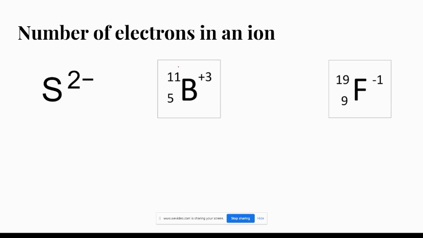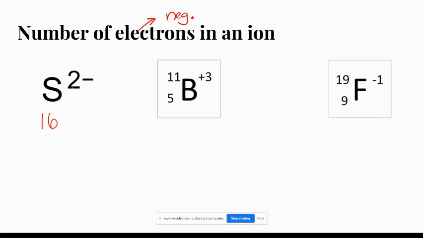All right, let's figure out the number of electrons in this ion. If this has a -2 charge, how many electrons would sulfur normally have if it wasn't an ion? Its atomic number is 16. Now, -2, does that mean we got more electrons or we got rid of electrons? What charge is an electron? Negative charge.